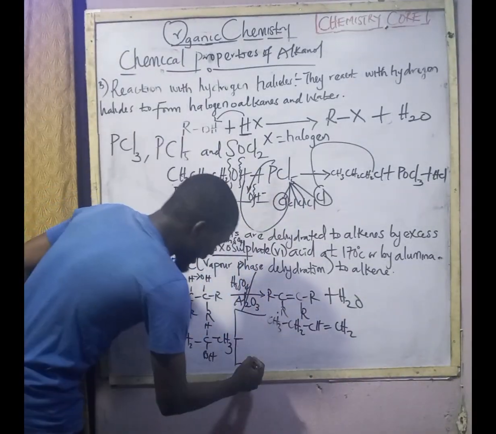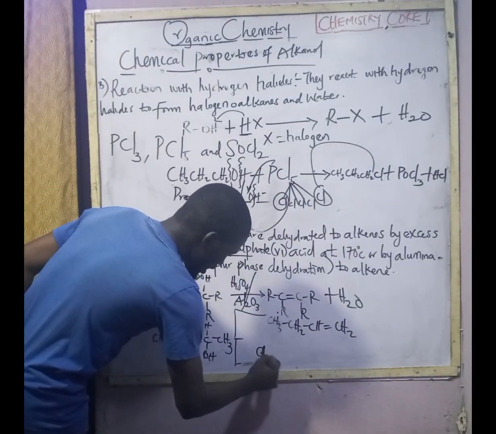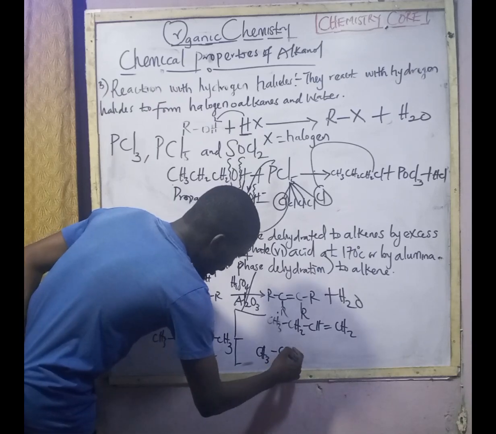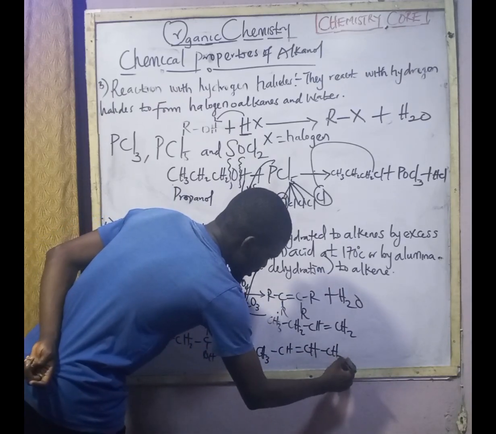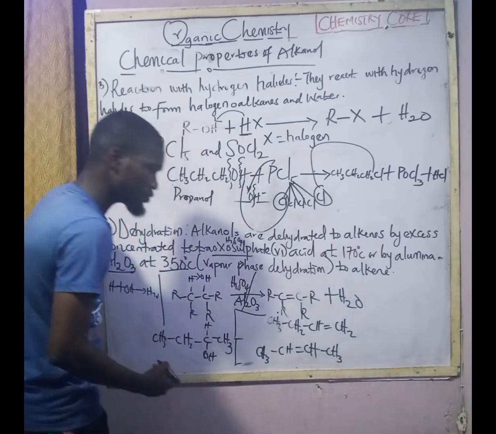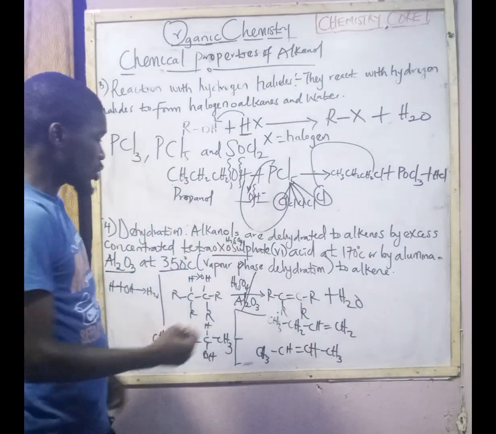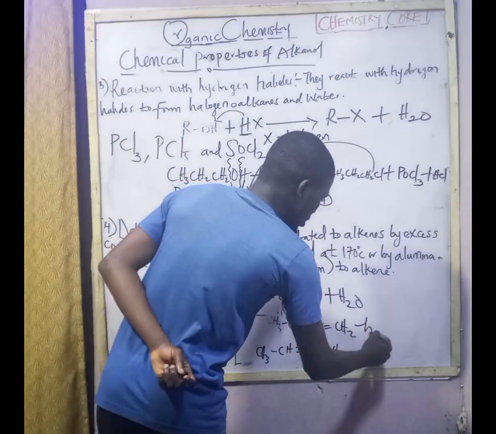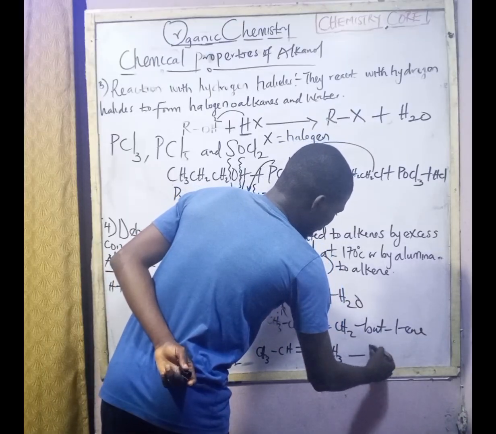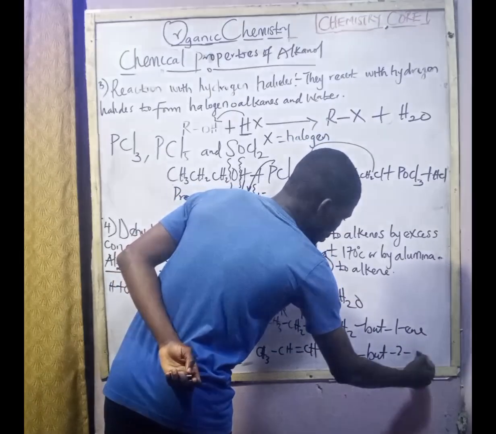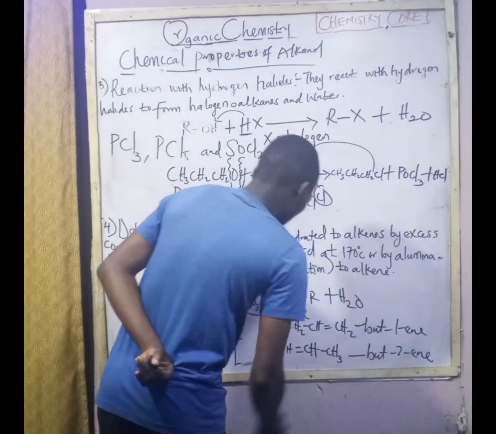I can as well have CH3, CH, double bond, CH and CH3. Are you with me now? So if this can give us but-1-ene, we can as well have what? But-2-ene.